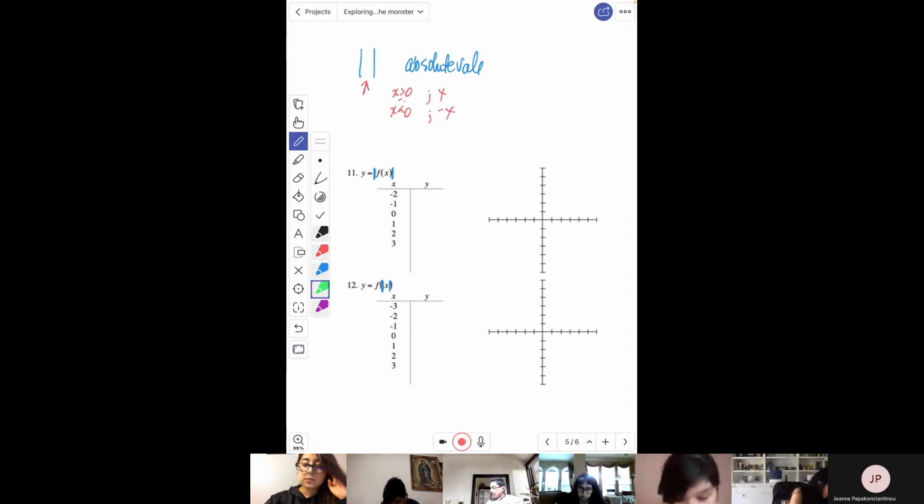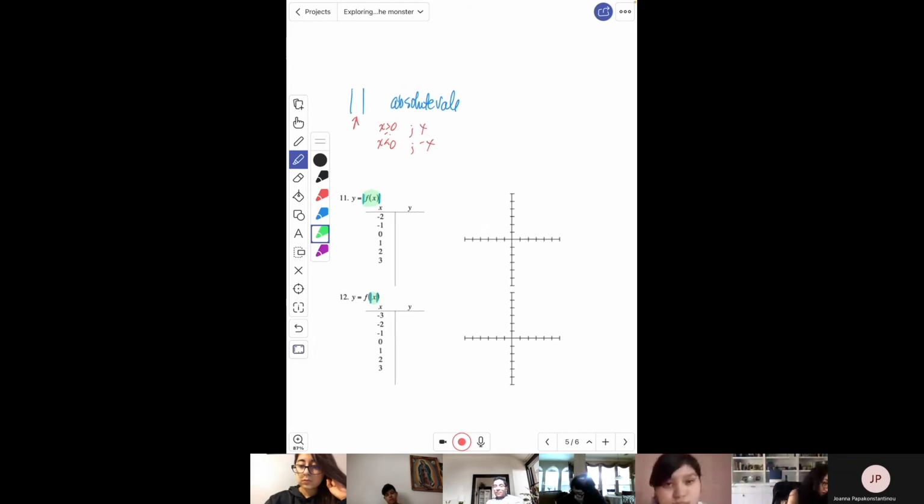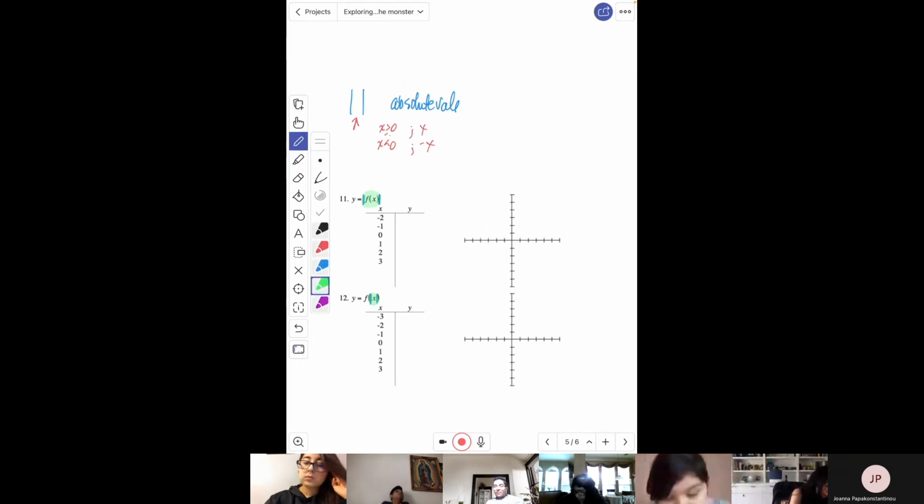Here we're evaluating the function and then taking the absolute value. Here we're taking the absolute value of x and then evaluating the function. So I'll go ahead and write those original parent function values, in case you didn't write them down.